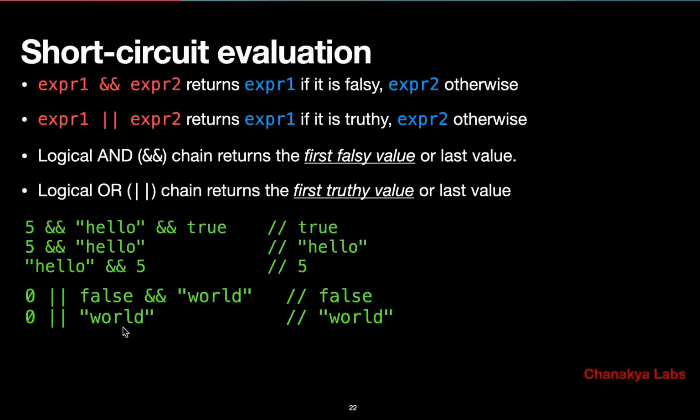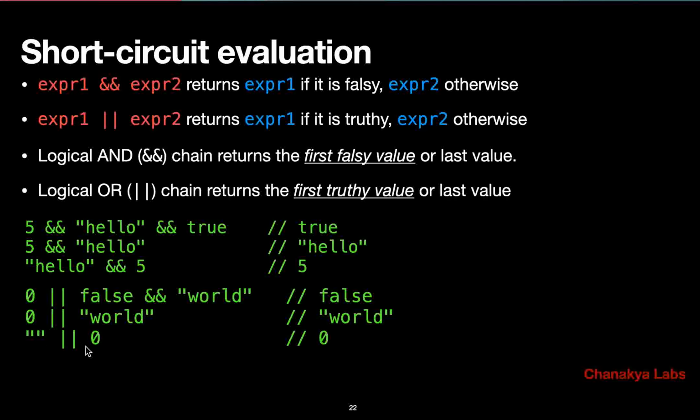But if it would have been something like 0 or world, then okay, I know that it is OR, so I have to look for the first truthy value. So this is falsy, so I move ahead again. Short circuiting did not work. I reached the last value, so that last value is going to be returned, so world is going to return.